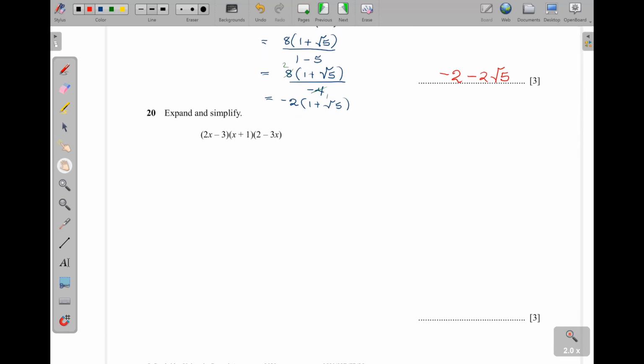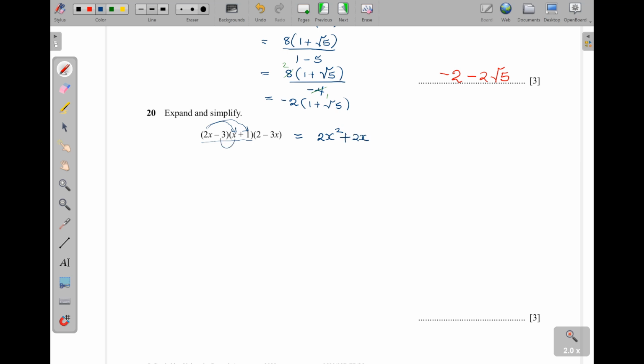Next, number 20, expand and simplify. So you can get the 2 brackets. These 2 brackets, you expand them and then you multiply with this. So here we are going to have 2x times this x, we shall get 2x squared. Then 2x times this 1, we shall get 2x.